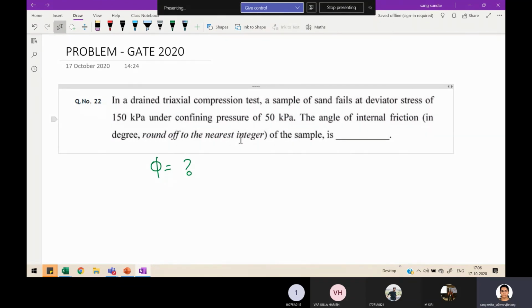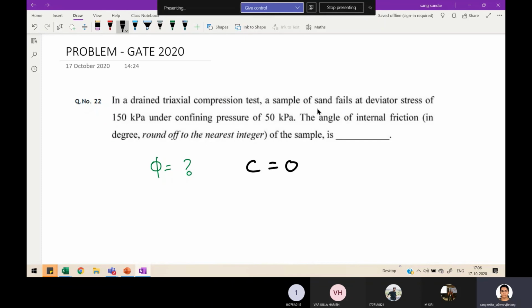Since it is sand, how much is your C? C is equal to 0. So there is a keyword here, sand. So your C is equal to 0. So we all know the equation.